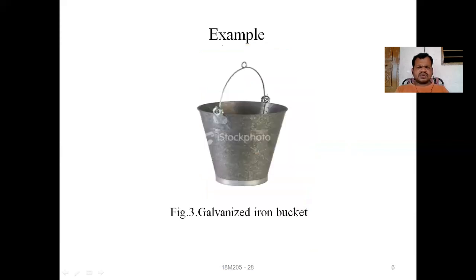Another example is galvanized iron, which we already discussed. These are the different materials: iron, aluminum, galvanized iron, copper, and somewhere brass.